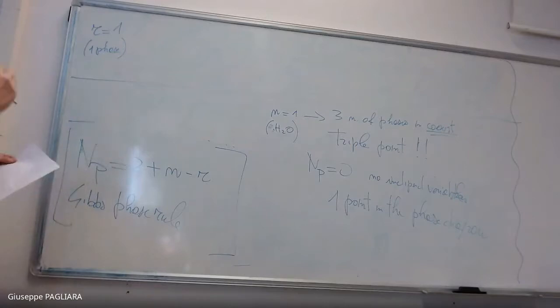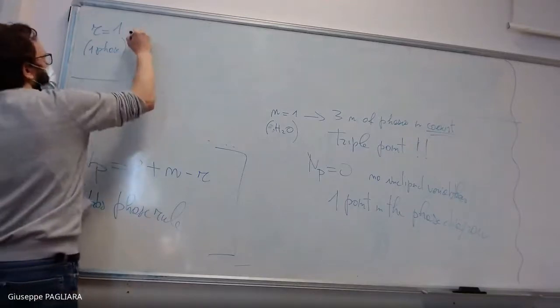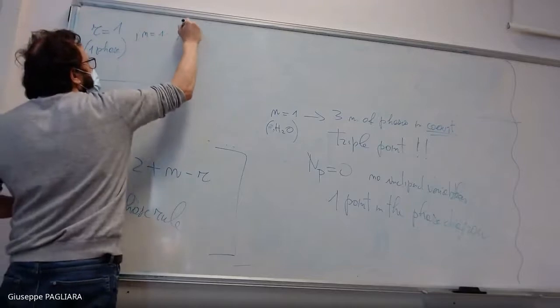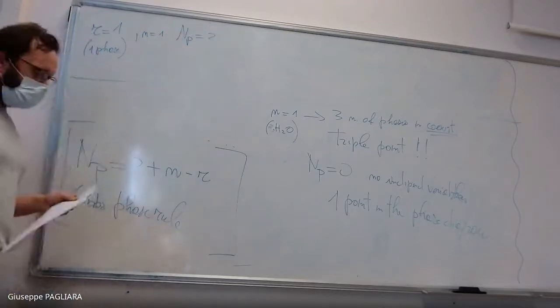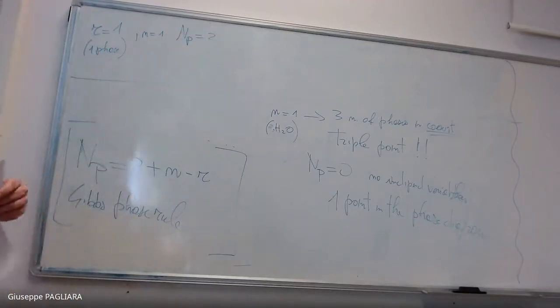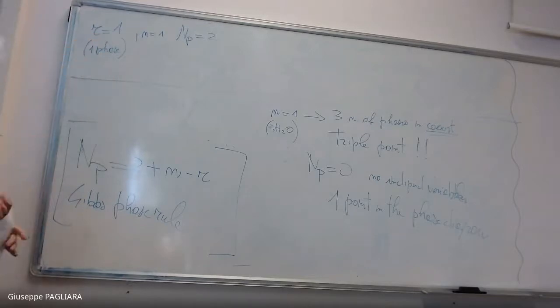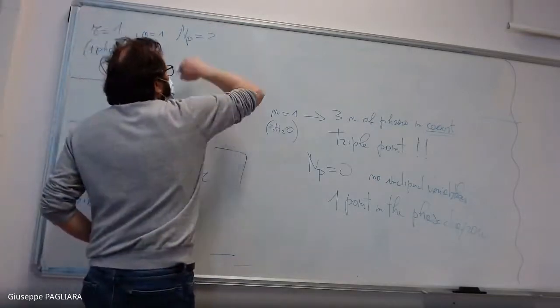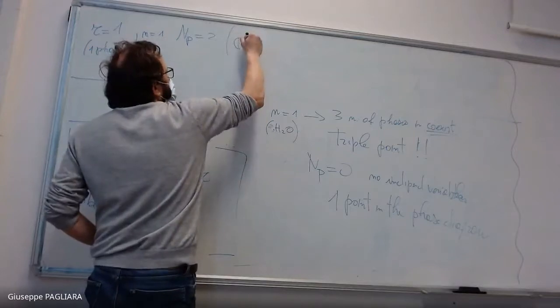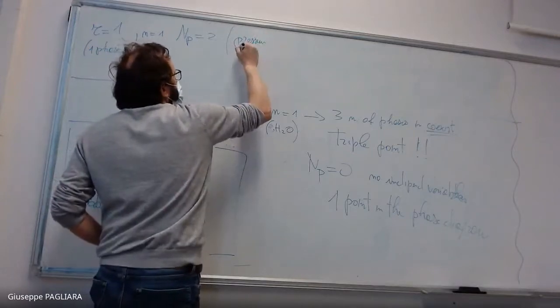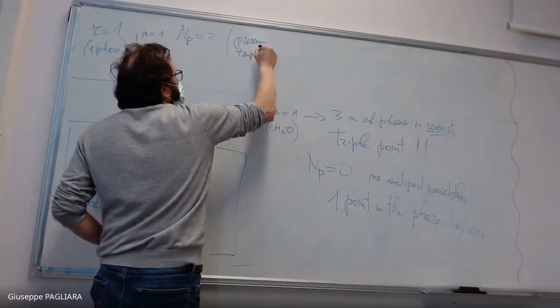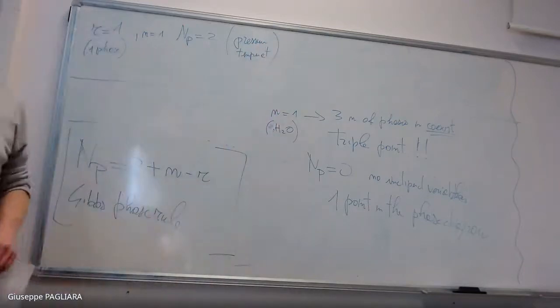If r is equal to 1 and n is equal to 1, I get NP equal to 2. This is the number of independent variables that I need to specify a single-component phase. Which are these 2 independent variables? They are the pressure and temperature. They are independent.